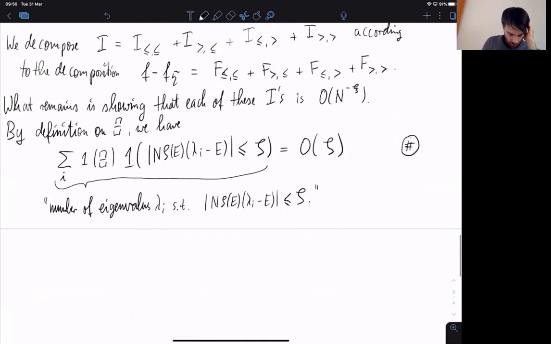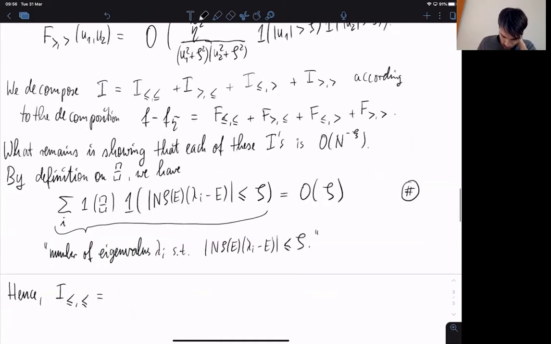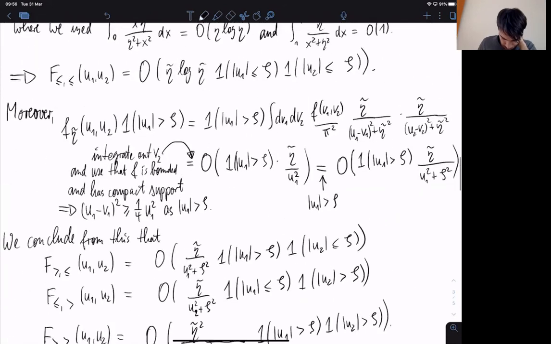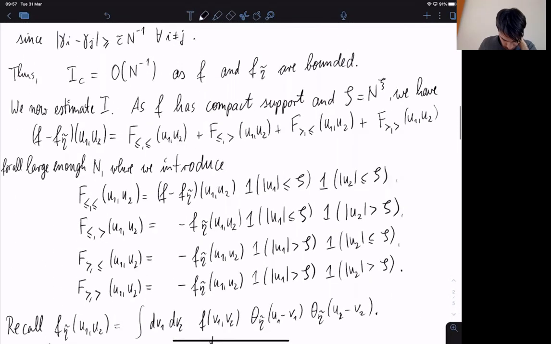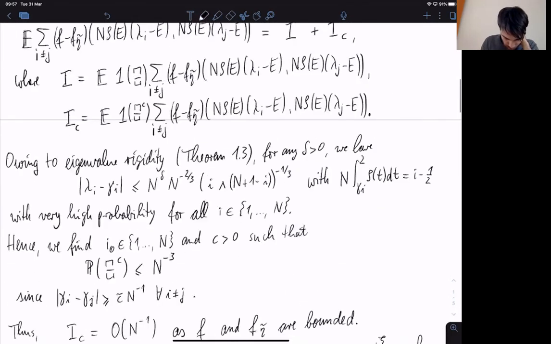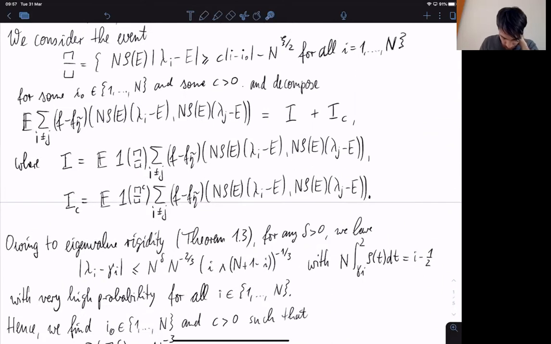So how is that? We get that the I smaller-smaller, well, how would that look? Let's go back to the definition. I'm now in this situation here, and I sum up over all I and j, where this part here is replaced by the capital F smaller-smaller.